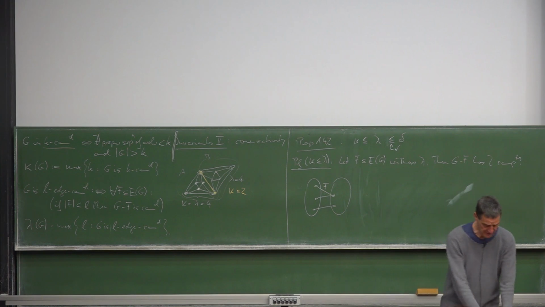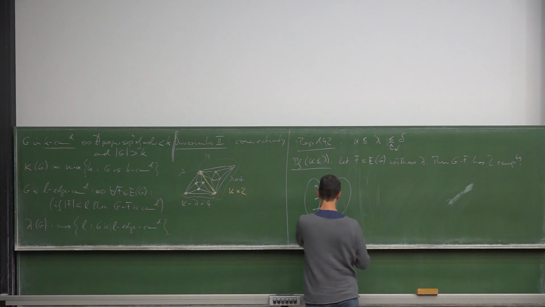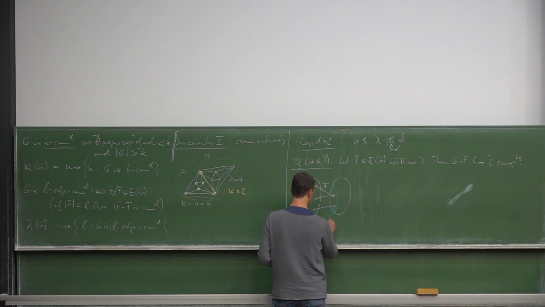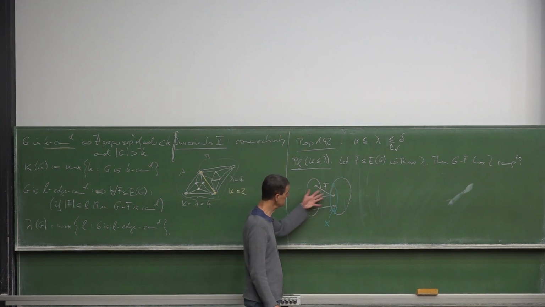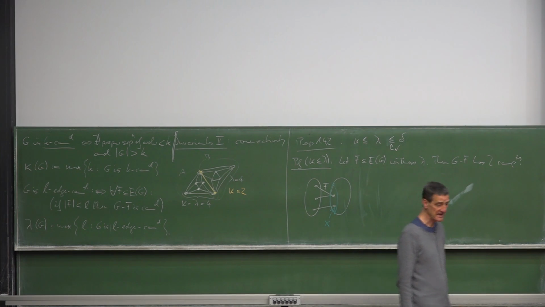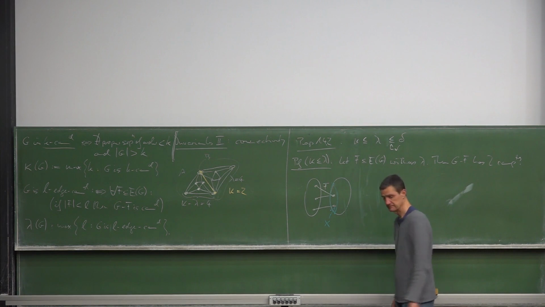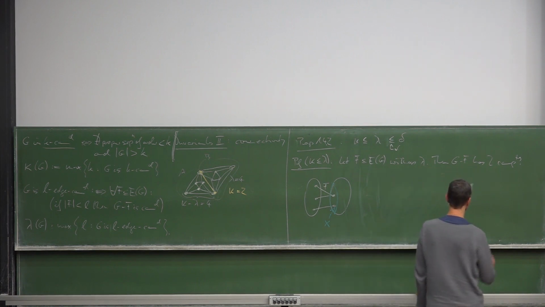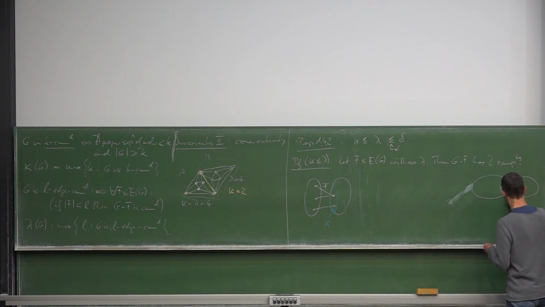Okay, so what's the proof idea now? Well, the proof idea is to just look at the vertices on one side, the vertices incident with edges in F in one of these two components, and take that as our vertex separator, as the intersection of a separation. Right?